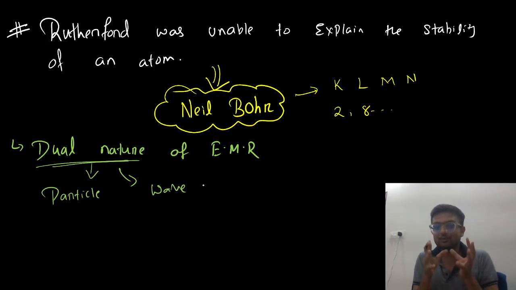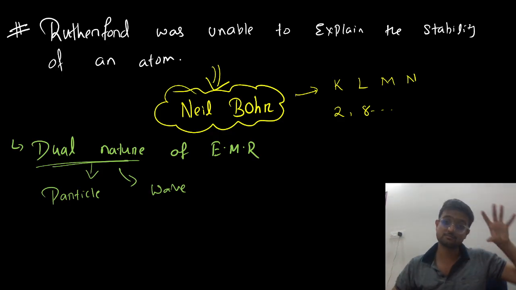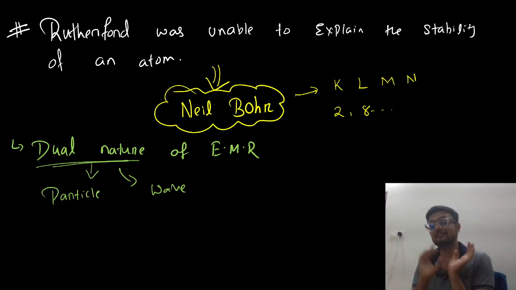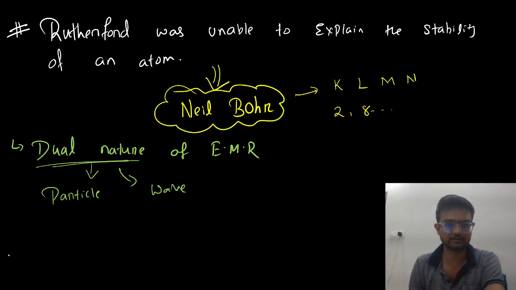Yes, these EMR waves, the electromagnetic radiation, have two types of nature. Sometimes it behaves as a particle, sometimes it behaves as a wave, right? So as it had dual nature, something got changed, and we are going to learn in more detail about this.